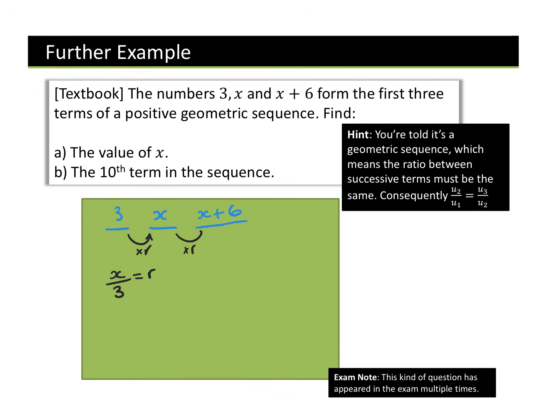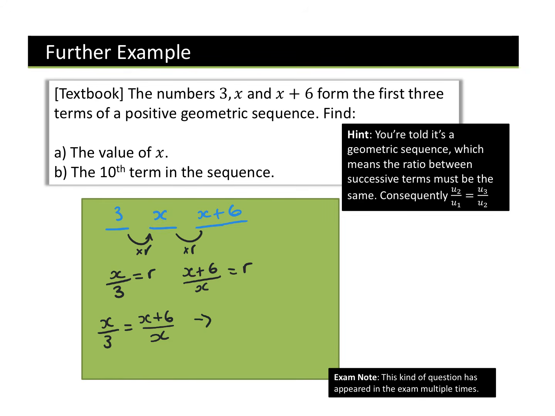What else will enable us to get our r? Well, the third term divided by the second term also gives us r. So that actually means that I can say x over 3 equals x plus 6 over x because they both equal our common ratio r.